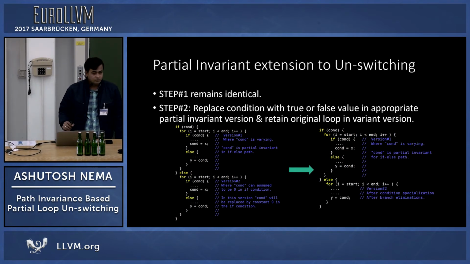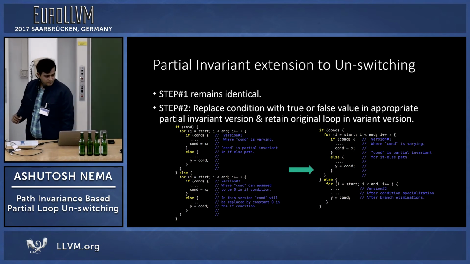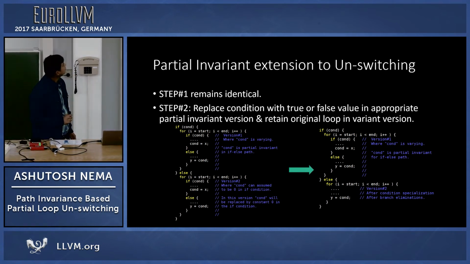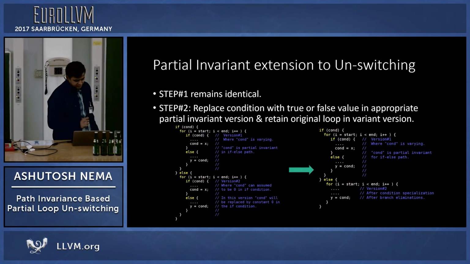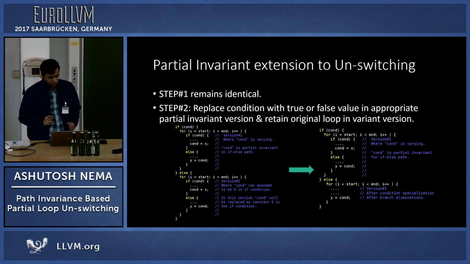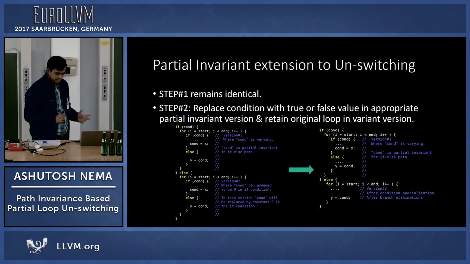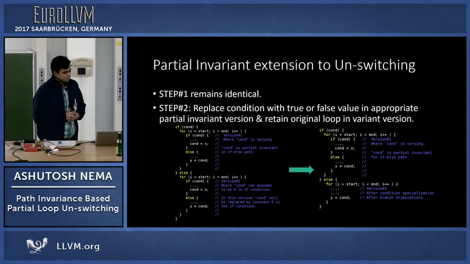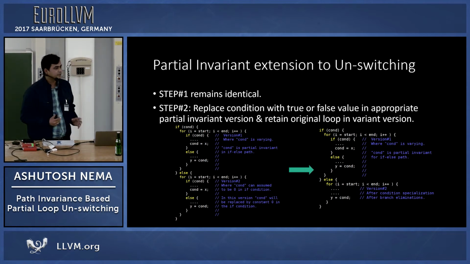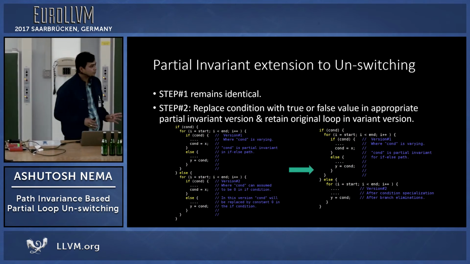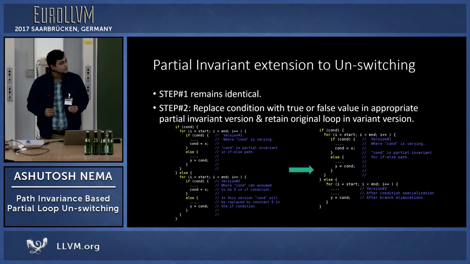So here comes my extension to loop unswitching. In this extension, of course, we are dependent on the path invariance information. That is a separate utility. But after that, how will we transform the loop and how exactly will it look? Step 1 remains the same. It means that if we identify some partial invariant, we'll just duplicate the loop body as existing loop unswitching does.